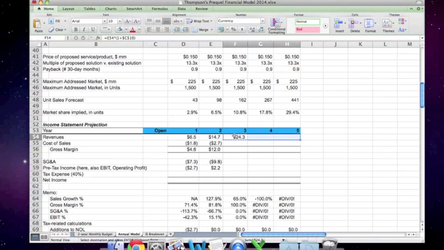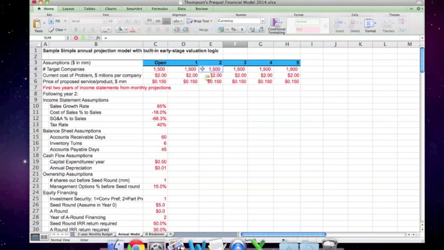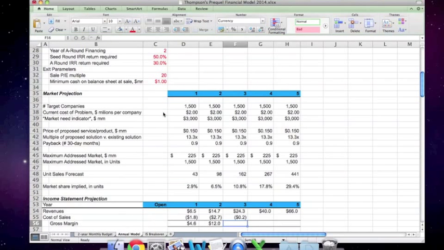I'm doing Control-C, Shift arrow, and then Command-V, and that gives us the revenues. Cost of sales, I'm going to go back and check that assumption. Cost of sales is a percent, and notice that here it's entered as a negative number, so we don't need to enter that in our formula. I'm just going to copy that here.